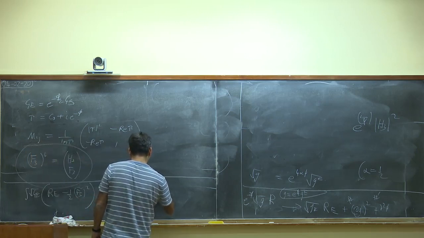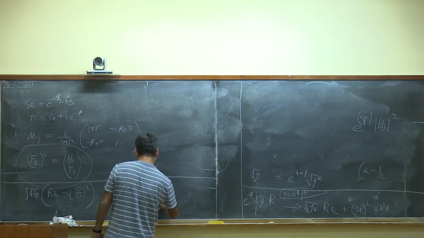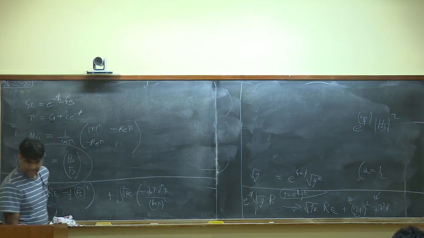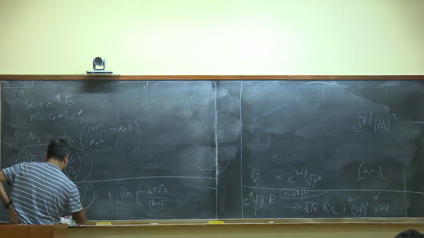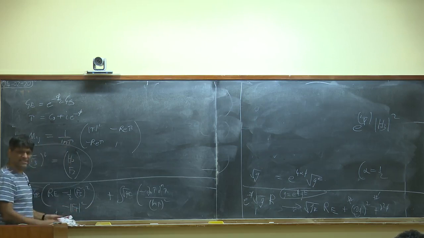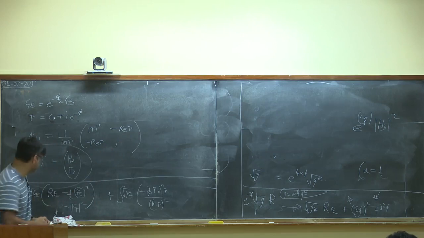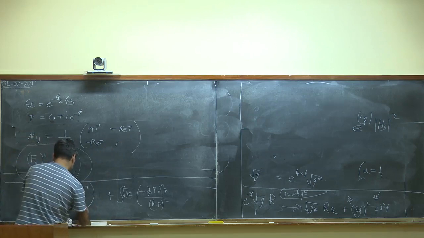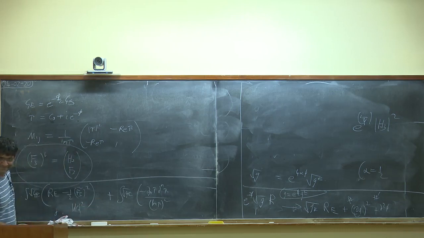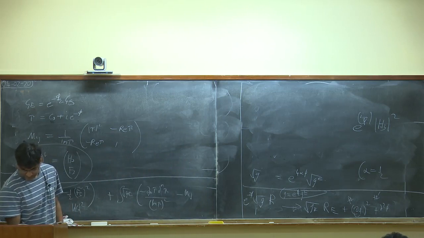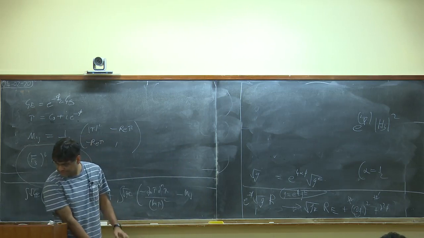Minus del mu tau by imaginary part of tau, the whole thing squared. And sorry, I'll also put a minus F1 square. That's D C0 squared, you know, that F1. Okay, minus Mij F3i F3j by 2.